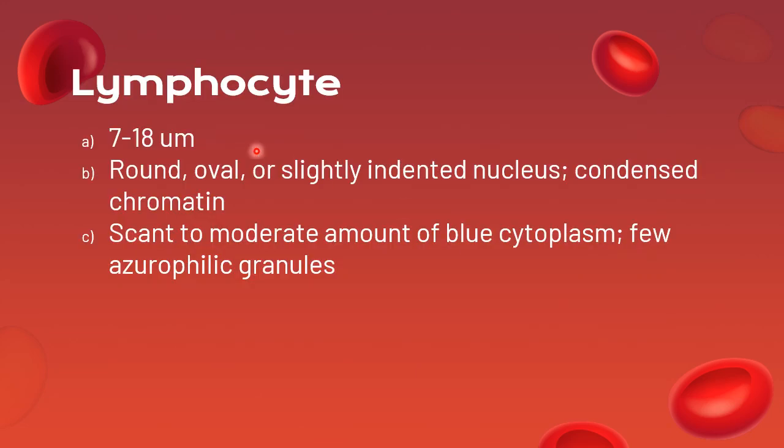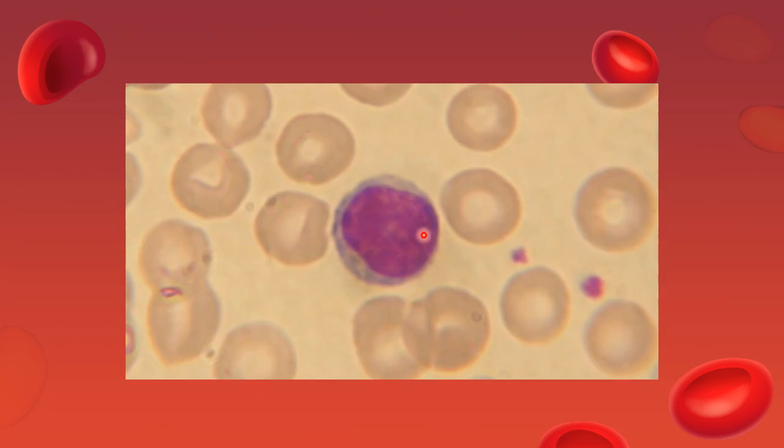And then you have your lymphocyte. So, lymphocyte niya is 7 to 18 micrometers in size and has condensed chromatin, scant to moderate amount of blue cytoplasm with few azurophilic granules. Here is your lymphocyte. As you can see, yung kanyang cytoplasm almost kasame size lang siya ng nucleus.